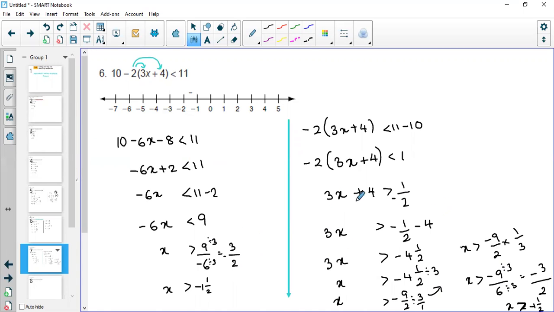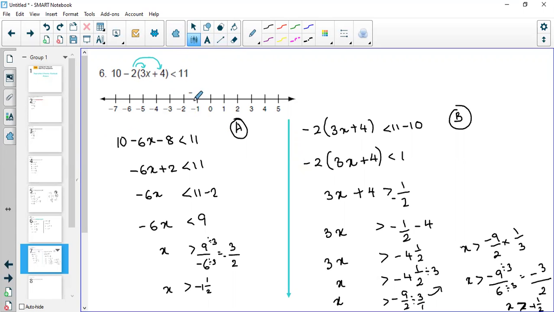Here we first multiplied each of the terms inside the parentheses and solved. But here we are first removing the numbers one by one, and then solving it. Comment and let me know which way you used. Did you use method A of solving for question number 6, or did you choose method B? Hopefully most of you will use method A because it's a quick and easier method.